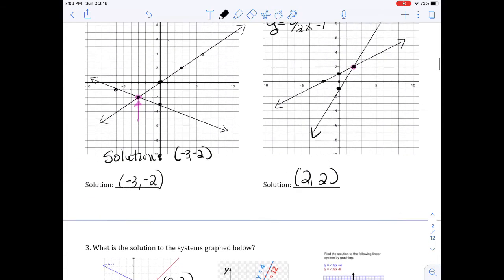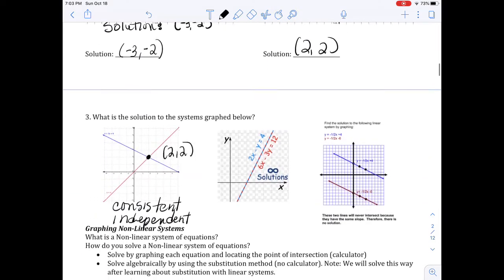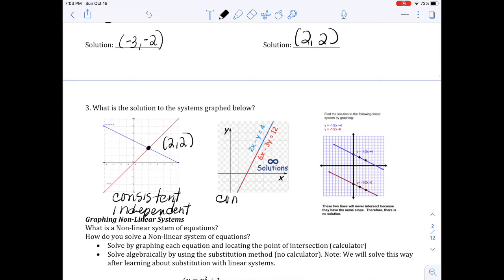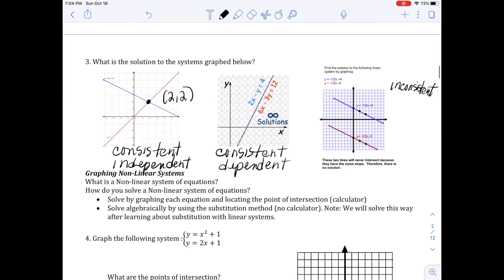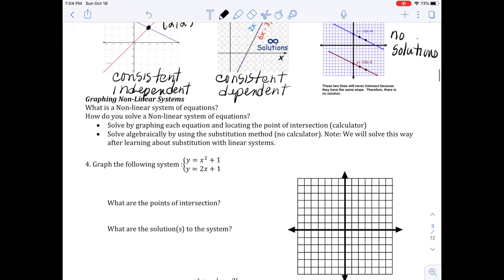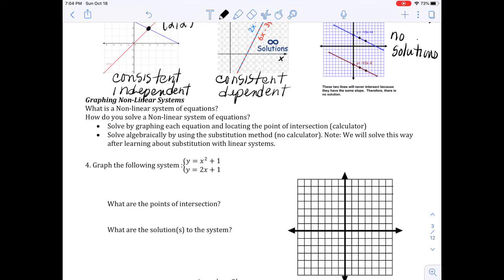And then for the same line, consistent dependent, and parallel lines, inconsistent, no solution. So infinitely many solutions, and of course this one has no solutions. Now these are linear systems that have these three situations.